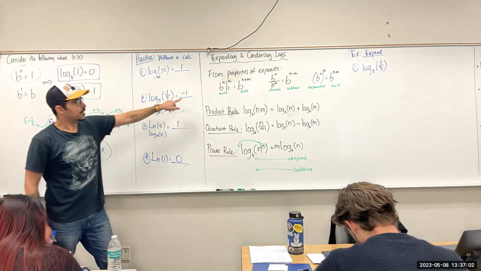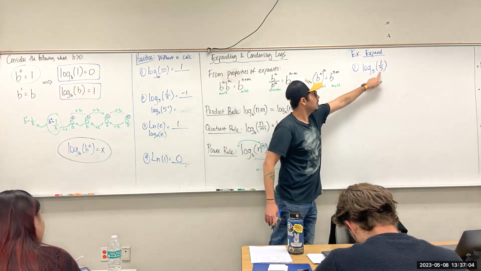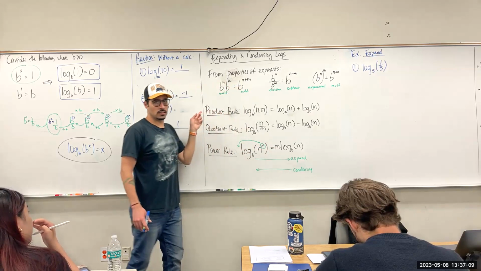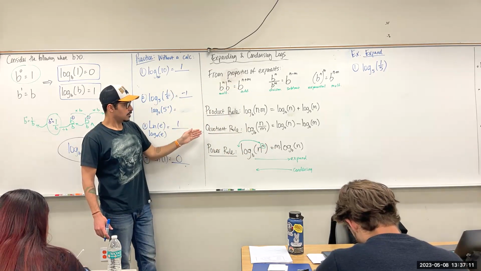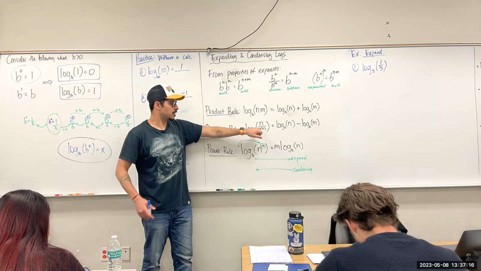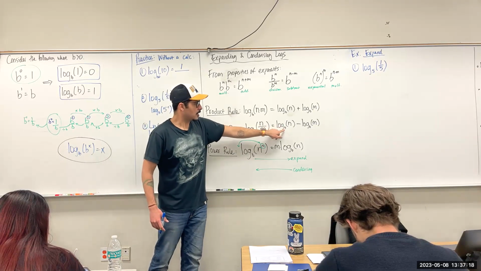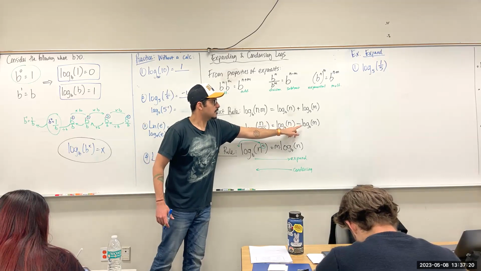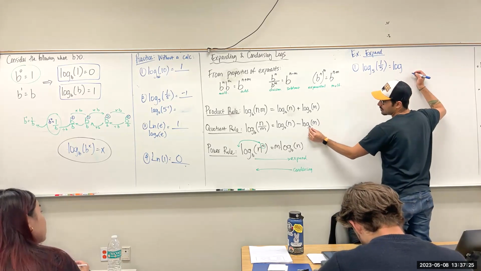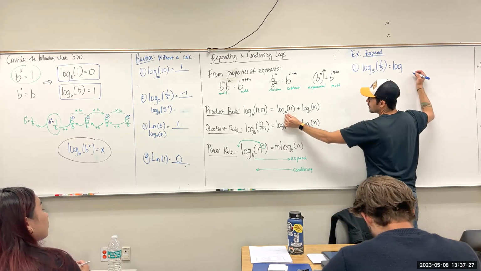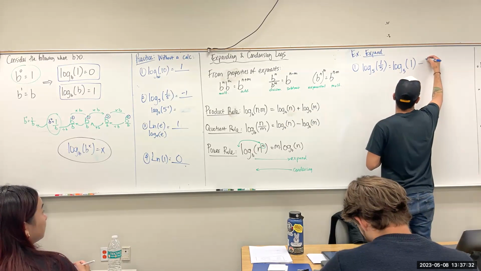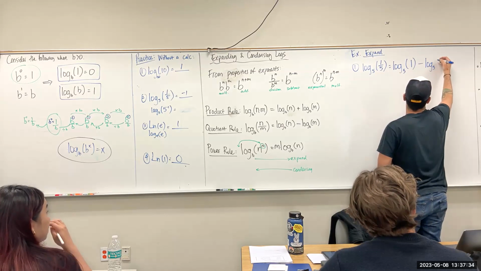Inside of the log, what operation do you have? You have division, so that's the quotient rule. It says if I take the log base b of a division, I do the log base b of the top minus the log base b of the bottom. These bases have to be exactly the same. So log base 5 of the top minus log base 5 of the bottom.